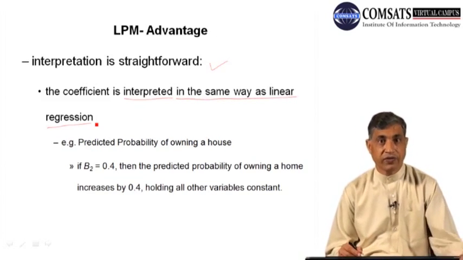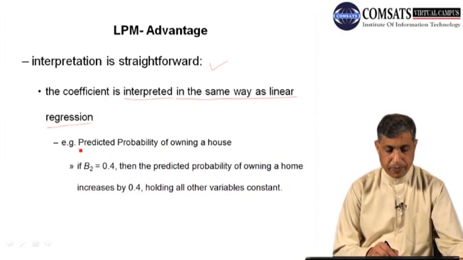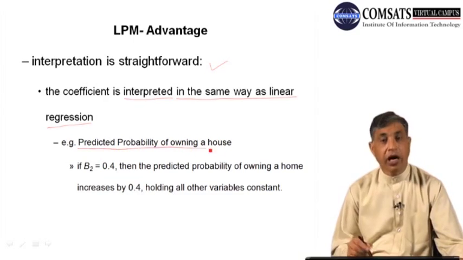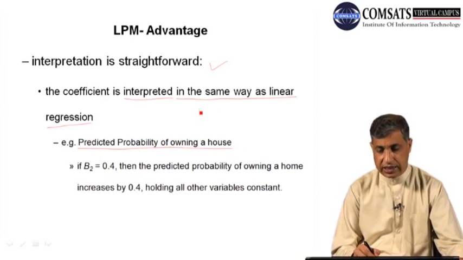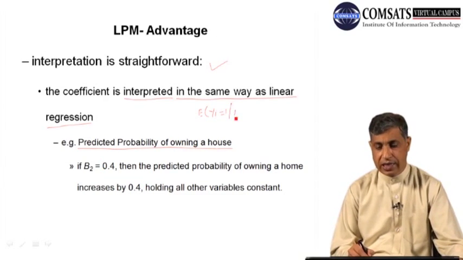And you know how we explained this. For example, the predicted probability of owning a house: I say the expected probability of yi equal to 1, owning a house, given xi.